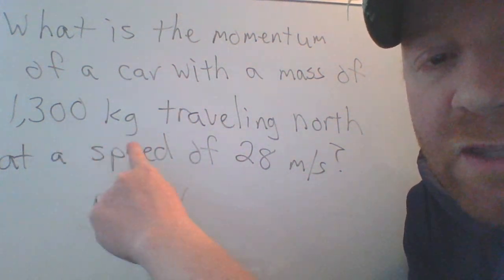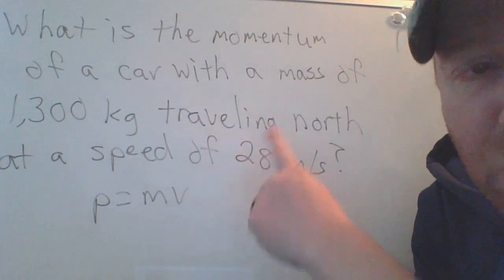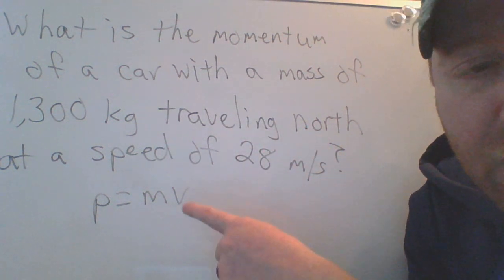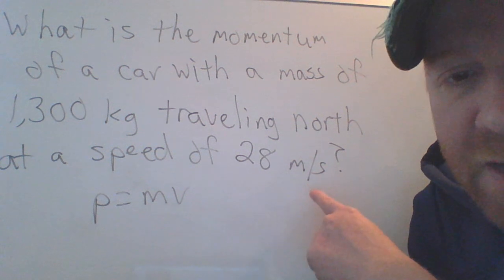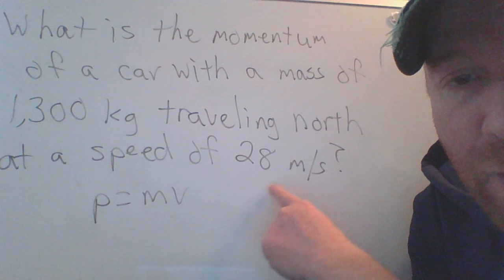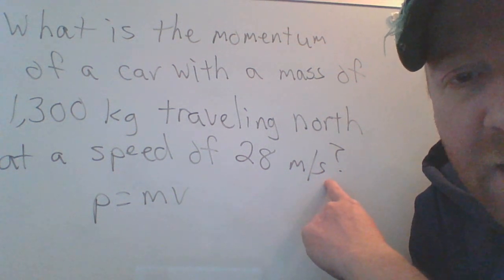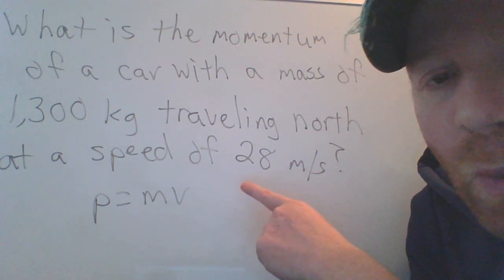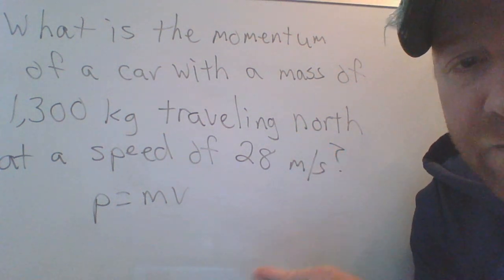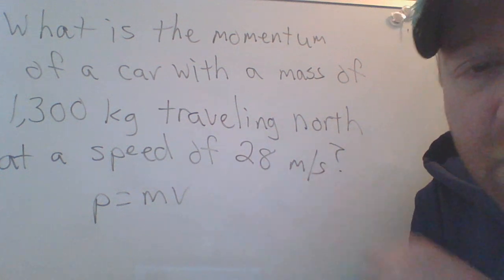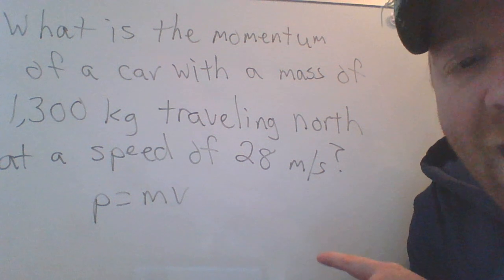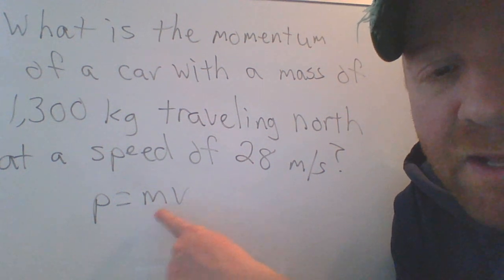What's the momentum of a car with a mass of 1,300 kilograms traveling north at a speed of 28 meters per second? Notice the word speed is used here. You have a unit of distance divided by a unit of time. There's the speed. But what else was included? The fact that it was traveling north. So all of this information right here tells you the car's velocity. So we have both measurements that we need.